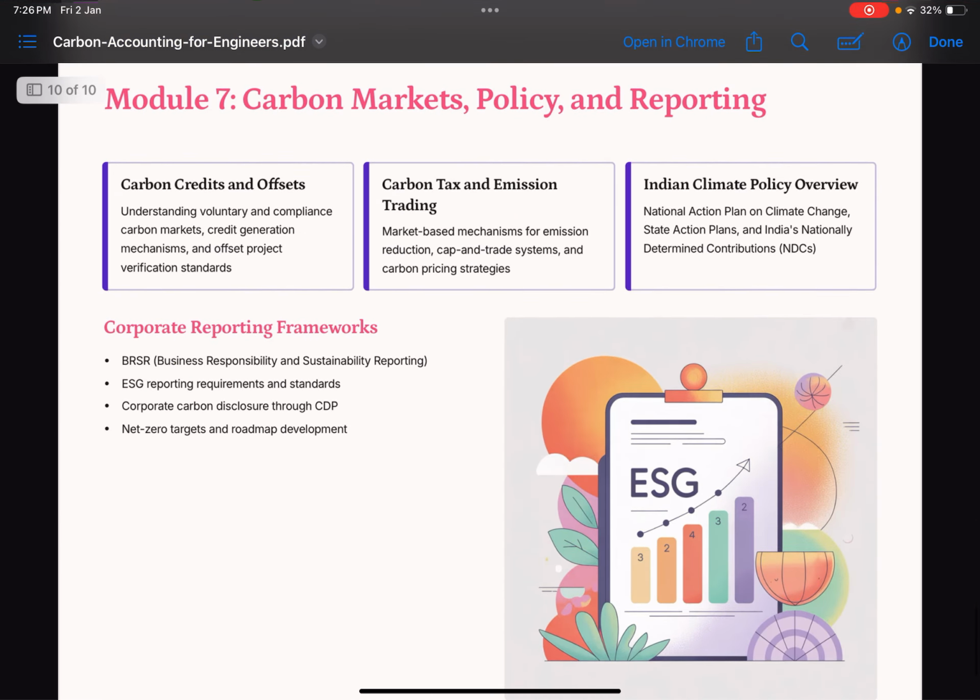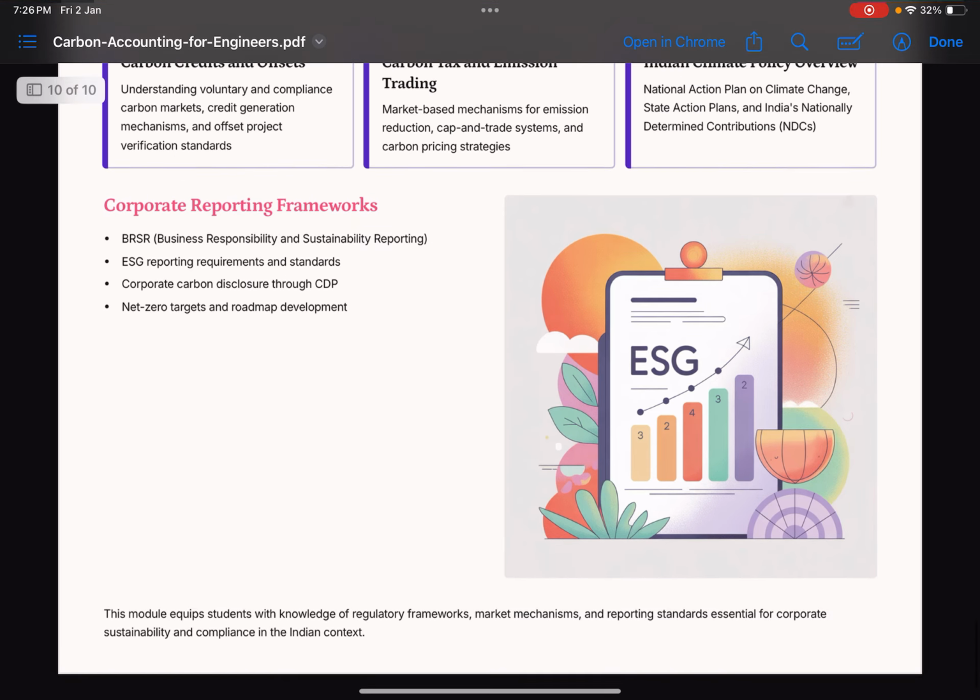Module 7 would be on the markets. We know that the carbon markets are being established, and hence we need to have an understanding of carbon credits, carbon offsets, the carbon tax and emission trading, and the policy environment wherein such carbon markets are either incentivized or disincentivized, and its impact on trade.